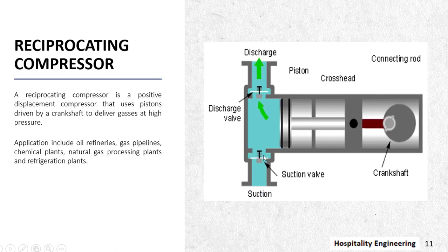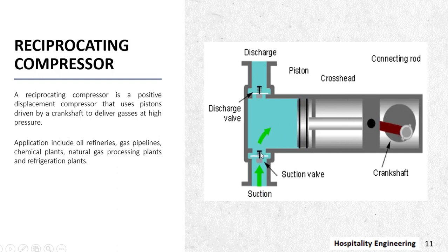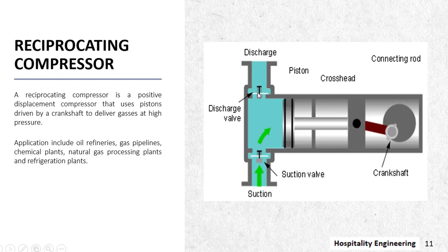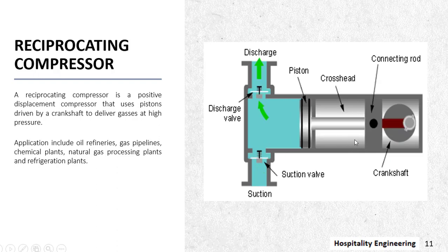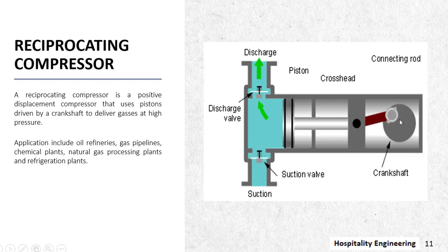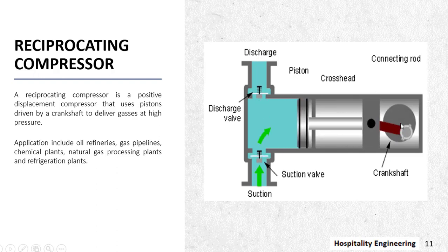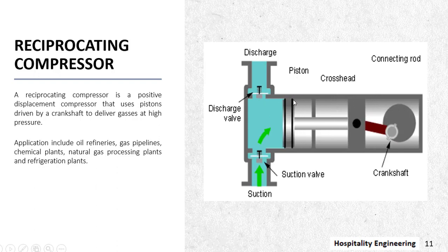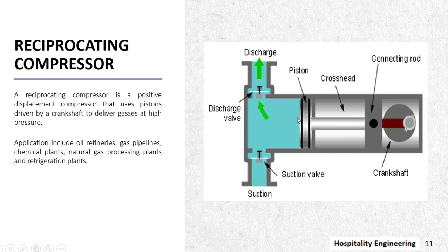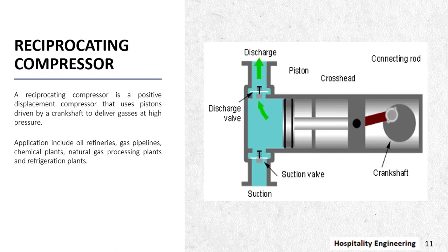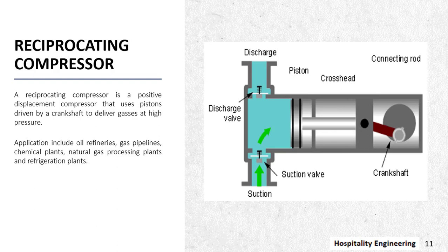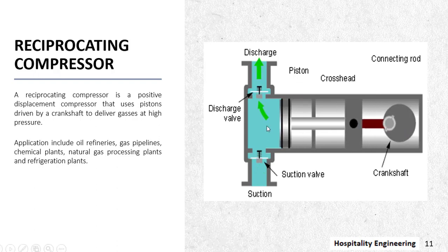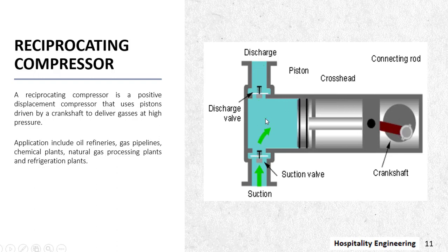You can see here there is a suction valve port, then there is a delivery valve port, while here are the crankshaft, connecting rod, crosshead, then piston. So while the piston is moving up and down, while the piston is compressing, the gas goes inside.